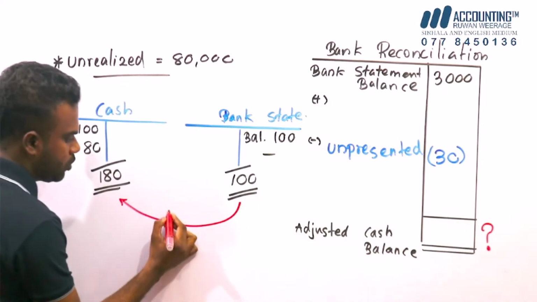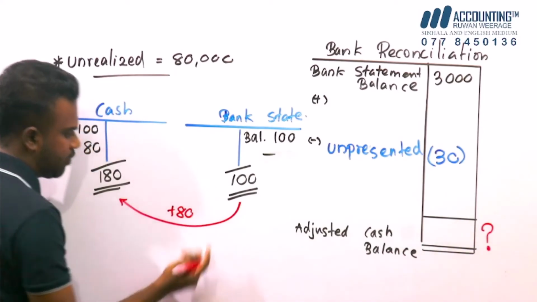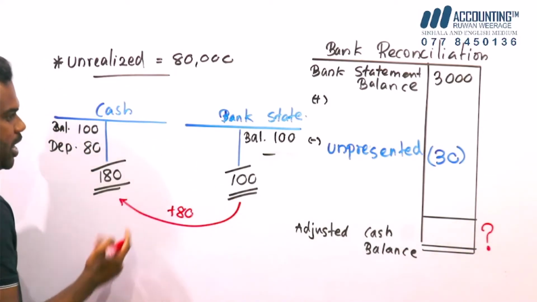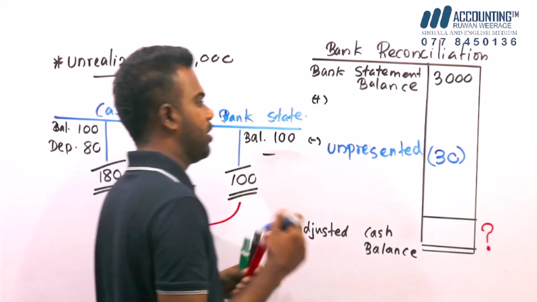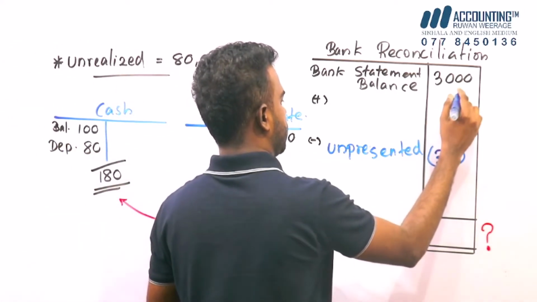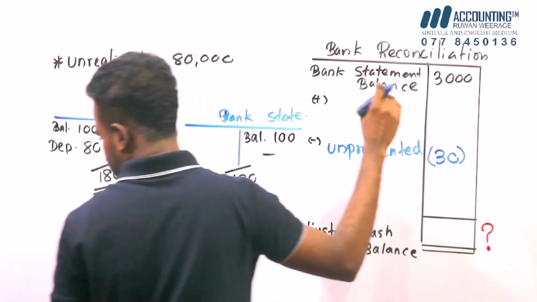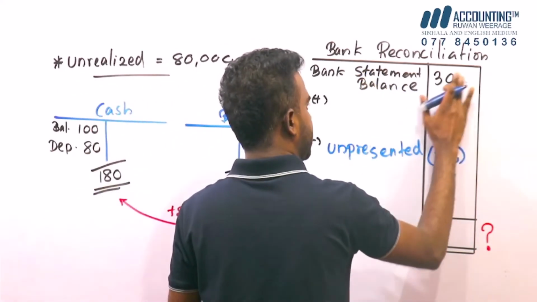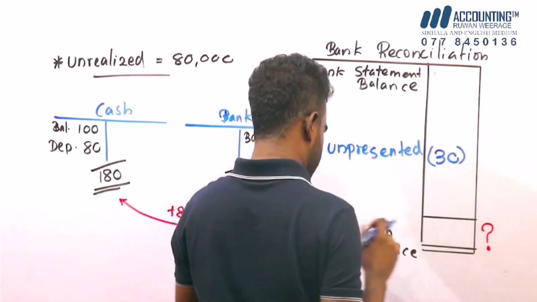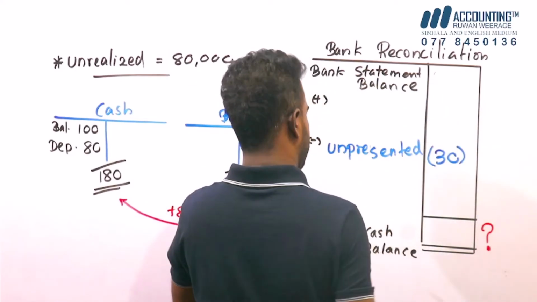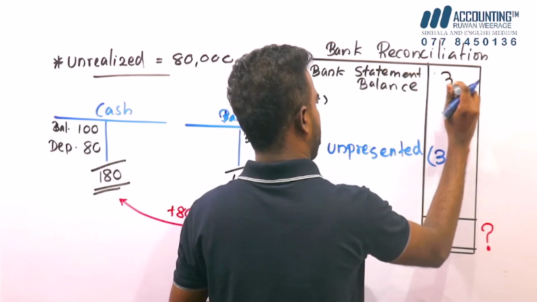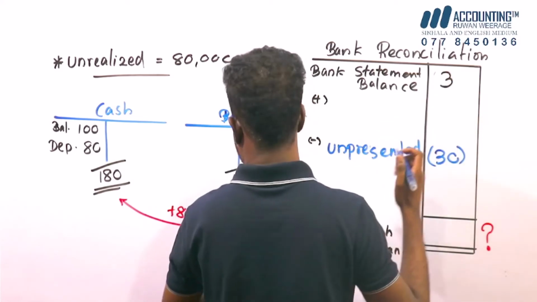What do we have to do with that difference? We have to add. 80,000, right? 80,000. Yes, I write here in thousands. Third, 80,000.